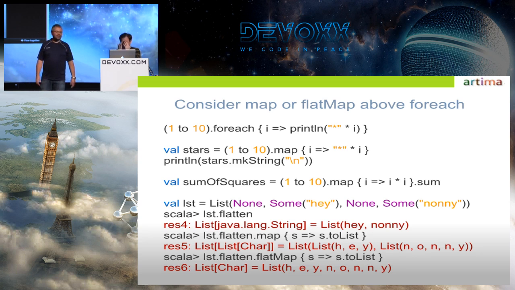This is another one. Actually, this can be broadened to not just using map or flat map instead of for each. For each is non-functional. Okay, it has no return type, so it has to have a side effect to do anything useful. So you want to avoid for each and use map or flat map instead. Likewise, you want to avoid for comprehensions or for expressions without a yield, because that's the same thing. In order to do anything useful, without a yield, you need to side effect something.